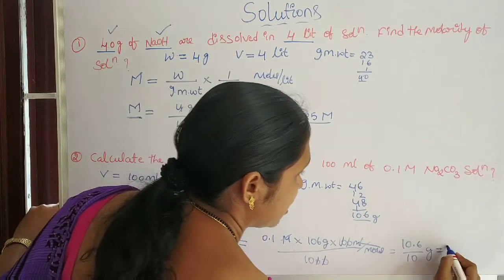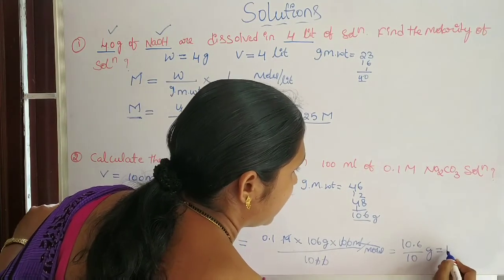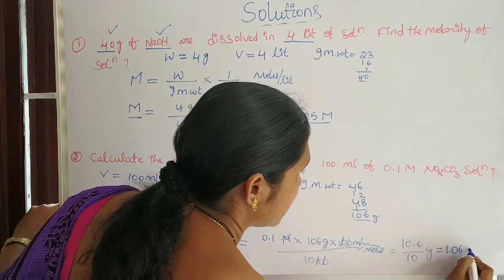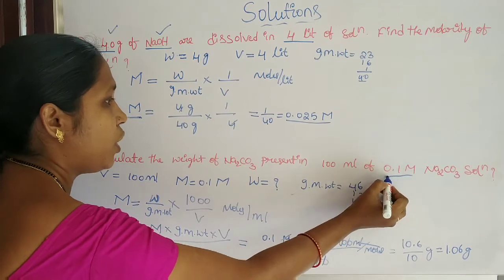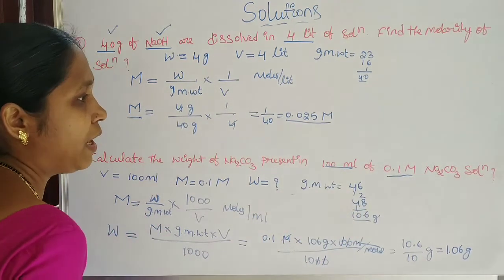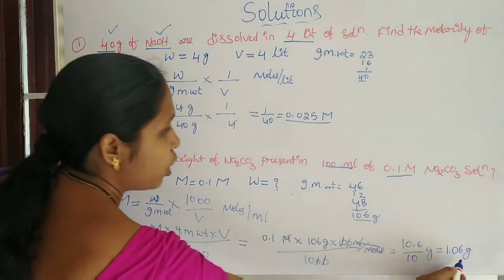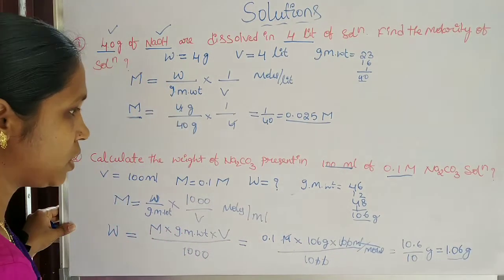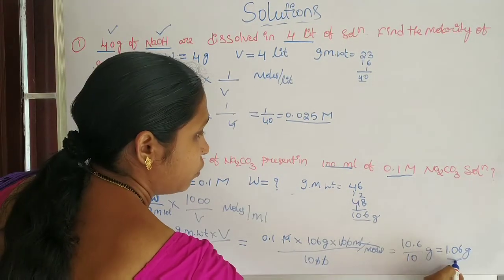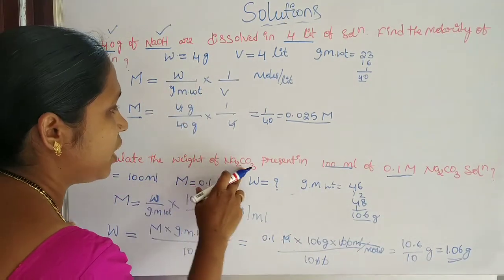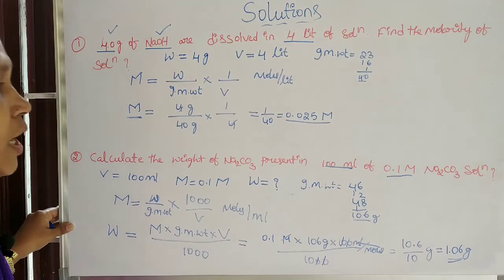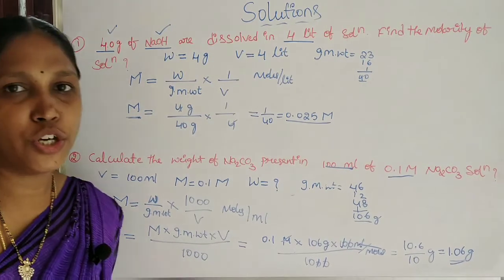By 10 means the digit moves to the left side, 1.06. So 0.1 molar 100 ml Na2CO3 means 1.06 grams of Na2CO3 is dissolved in 100 ml of solution.